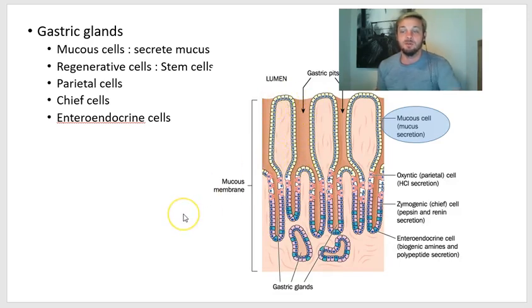These mucus cells produce mucus, and that mucus helps to protect these cells from the hydrochloric acid that is being produced too. So this mucus layer helps to create a buffer between the hydrochloric acid and the cells of your stomach, so your cells of your stomach don't eat themselves. We also have stem cells that can replace any cells that get damaged.